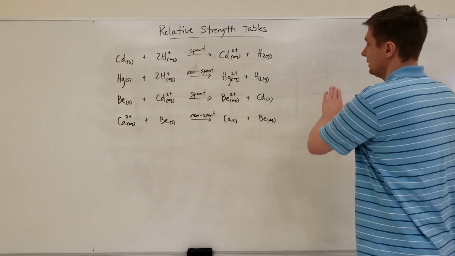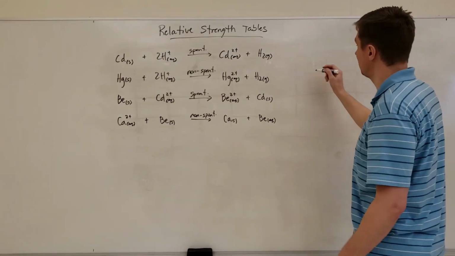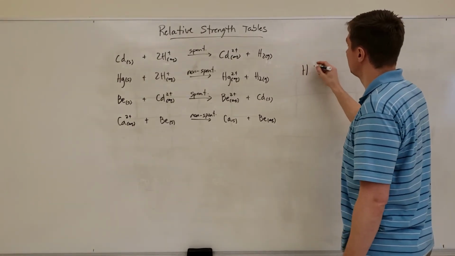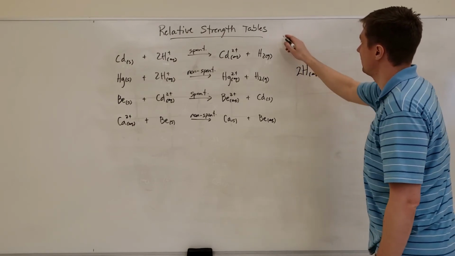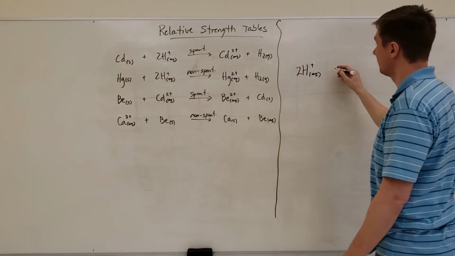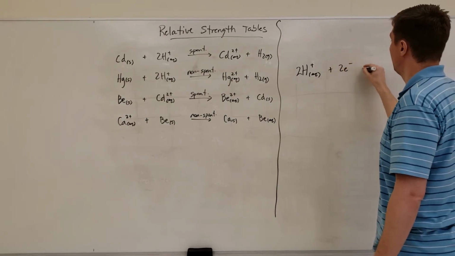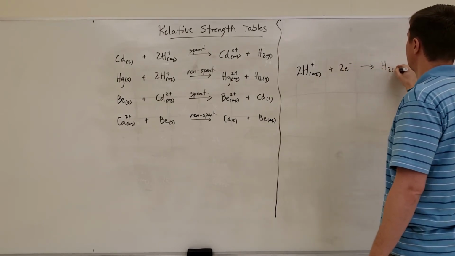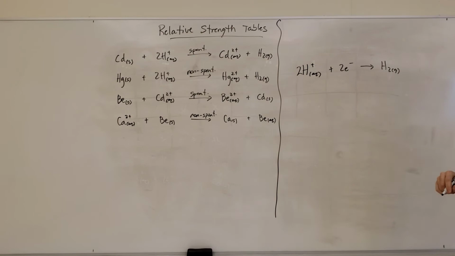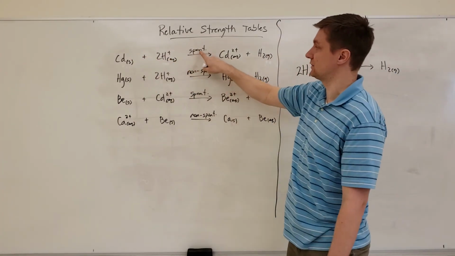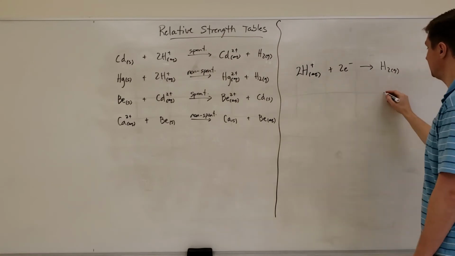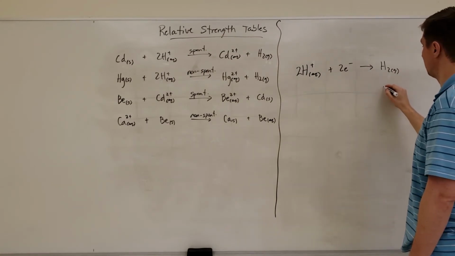So I know that my H+ is going to go on this side of my chart, and I can write the half reaction for that like this. And I know that when it reacts with Cd solid, this is a spontaneous reaction, which means Cd solid has to go over here.